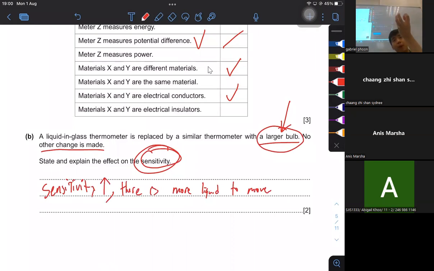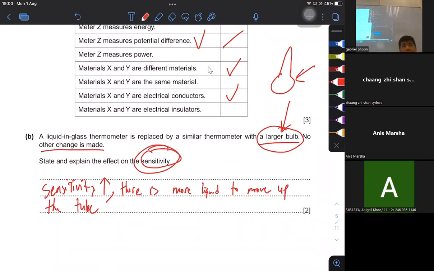The bulb, you know the bulb that you put, this thing on the thermometer, this is the bulb. You know the bulb that you put to measure the temperature. There is more liquid to move up the tube. Wait, the water is stored inside the bulb. I mean the mercury. The mercury is stored inside the bulb for sure, yes.